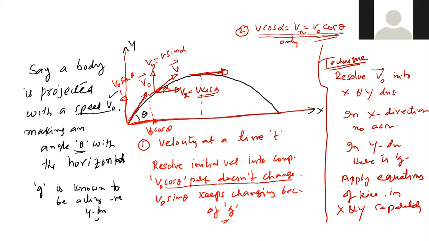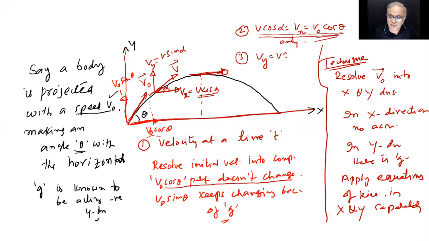There is some other velocity here, but its component is V cos alpha, which is nothing but V0 cos theta, right? But Vy, which is V sin alpha, is equal to V0 sin theta minus gt. Do you agree? V equals u plus at, I applied, children. Only in the y direction there is g acting down.